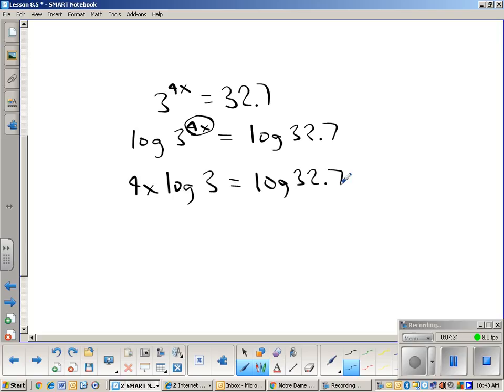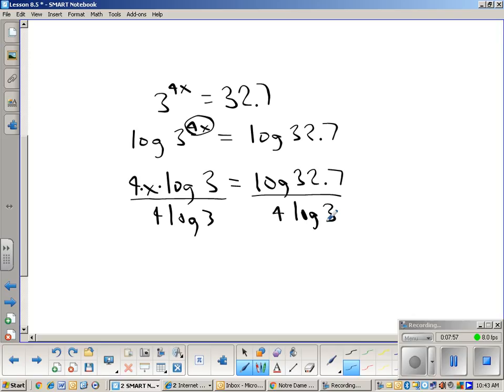And if this is 4 times x times log 3, and I want the x by itself, can I divide both sides by 4 log 3? I'm just using a common log, base 10. I intentionally chose base 10 because that's what even this simple-minded calculator knows.